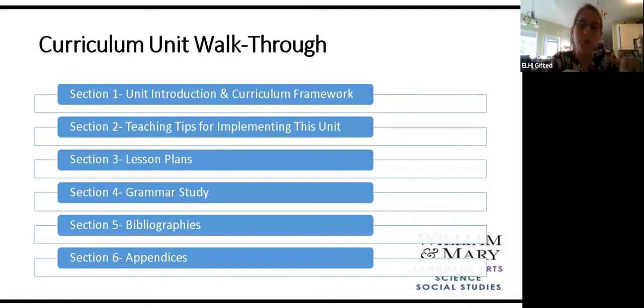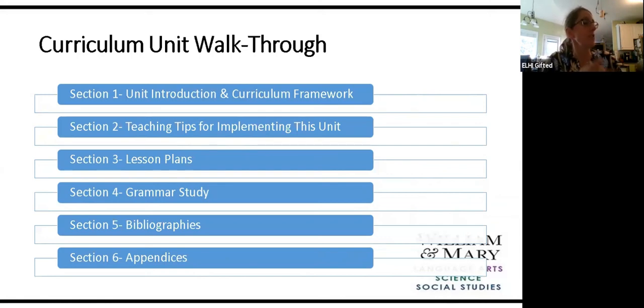It gives you the background of how to use it, and then the handouts for the student, and the grammar part is integrated throughout the other lesson plans. So it's really up to you as teachers how you want to use the grammar study, but it is included in here if you need that component for school.